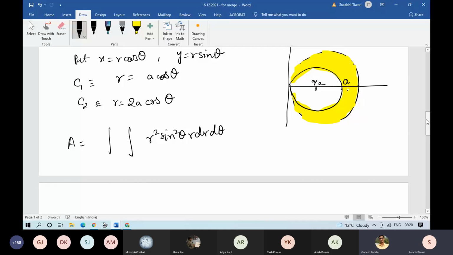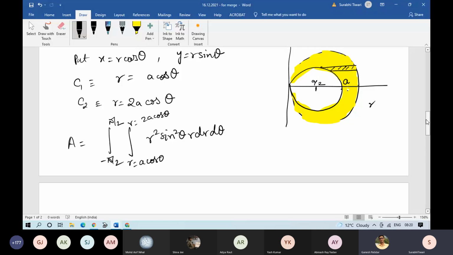Where is r varying from and to? Take a strip parallel to the r axis. So r is varying from the equation of this circle to the equation of this circle, that is, r is equal to a cos theta to r is equal to 2a cos theta, and theta varies from minus pi by 2 to pi by 2.